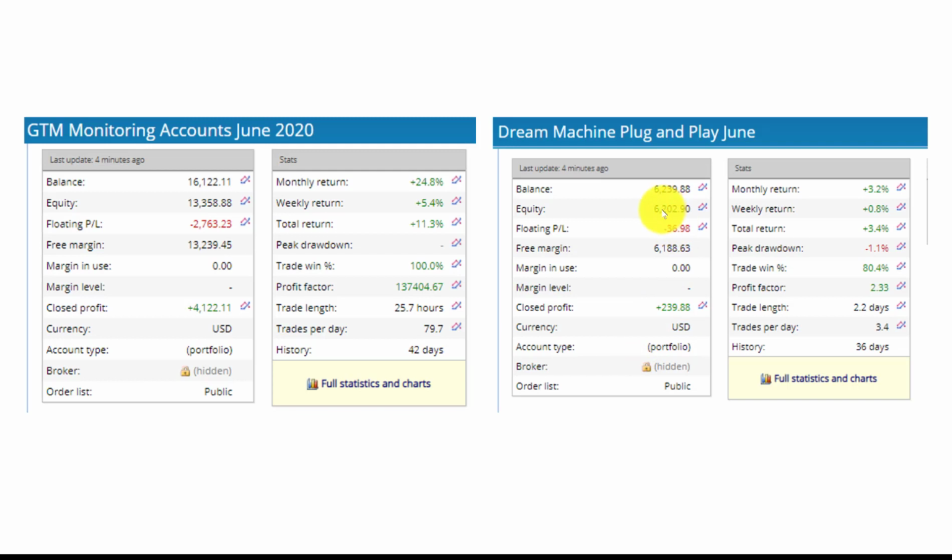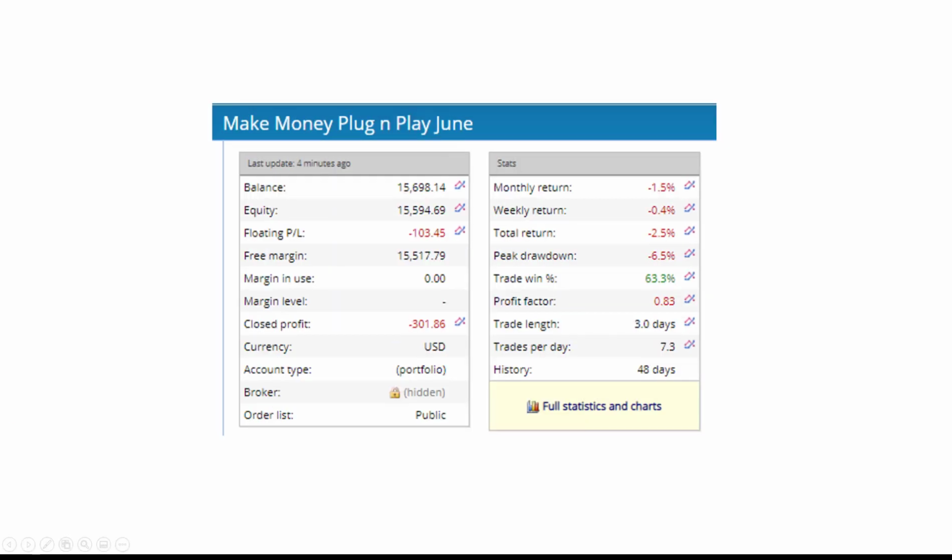You can see there it's a $200 gain, so we've almost got a 1,500 pip gain on those two, and these are both sideways trading EAs. The Make Money has contained losses quite well on the plug-and-play settings, but is $400 down. So overall, we're nicely positive, but certainly the trending EAs like the Make Money are not profitable at the moment.